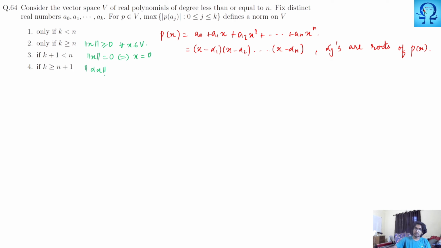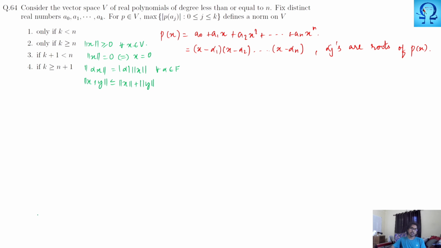Then norm of alpha x is absolute of alpha into norm x for all alpha in the field, and the triangle inequality. These are the 4 conditions that we should have if this quantity defines a norm.